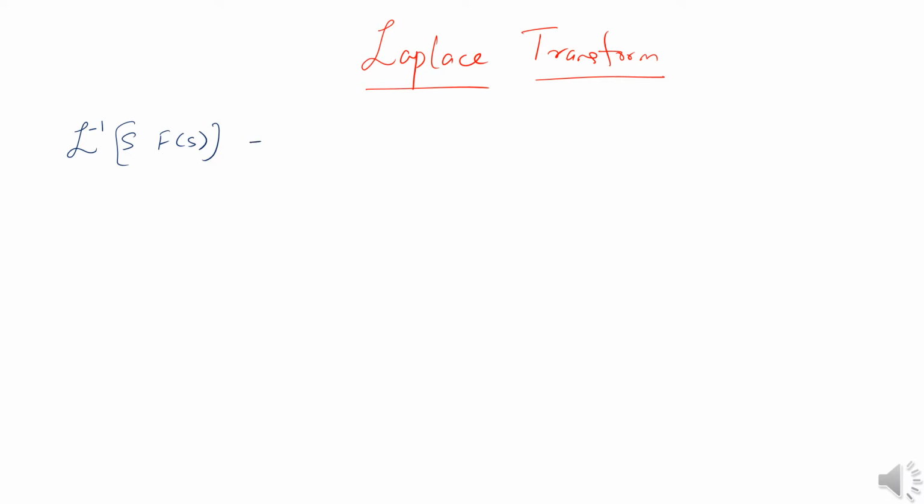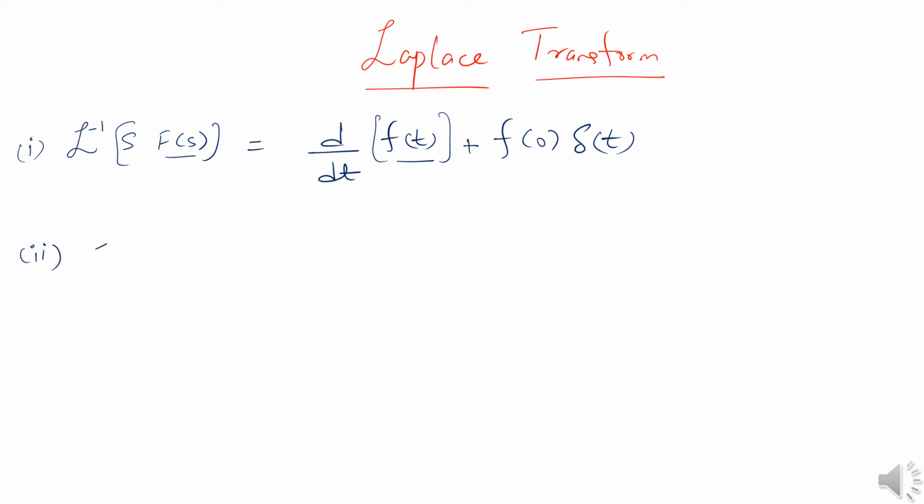The inverse transform is given by d over dt of f(t), plus the function at 0 multiplied by delta t. So this is the property when s is multiplied by F(s).